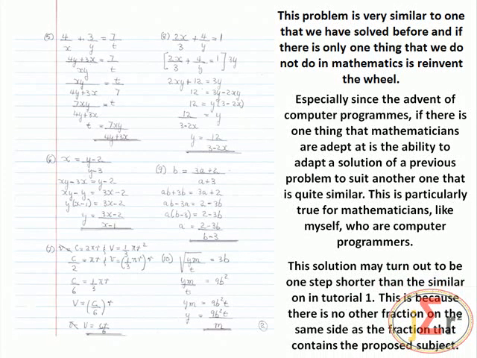This solution may turn out to be one step shorter than the similar one in tutorial 1. This is because there is no other fraction on the same side as the fraction that contains the proposed subject.